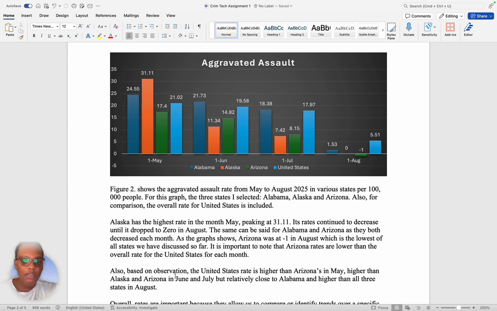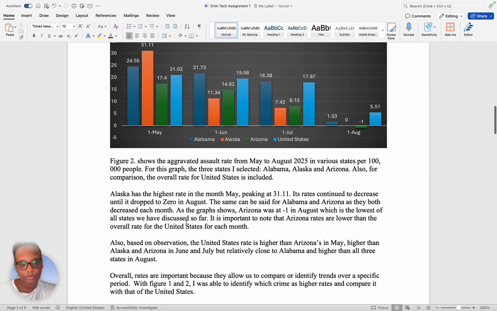Also, based on observation, the United States rate is higher than Arizona in May, higher than Alaska and Arizona in June and July, but relatively close to Alabama, and higher than all three states in August.